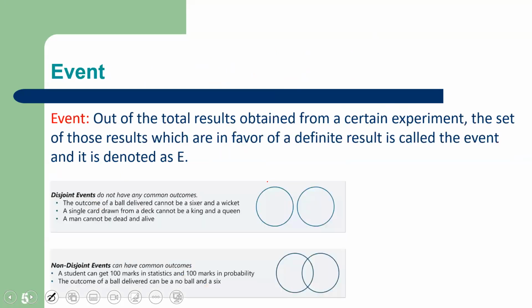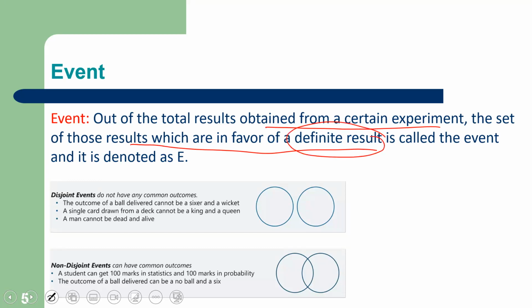So, out of the total results obtained by a certain experiment, the total outcomes obtained from the experiment, the set of those results which are in favor of a definite result. What do you mean by a definite result?